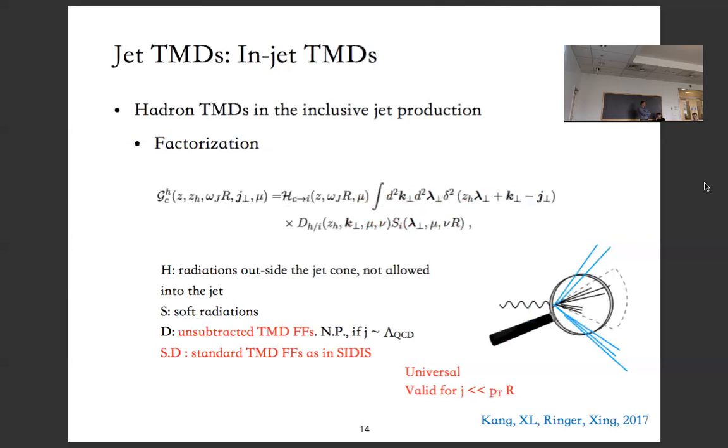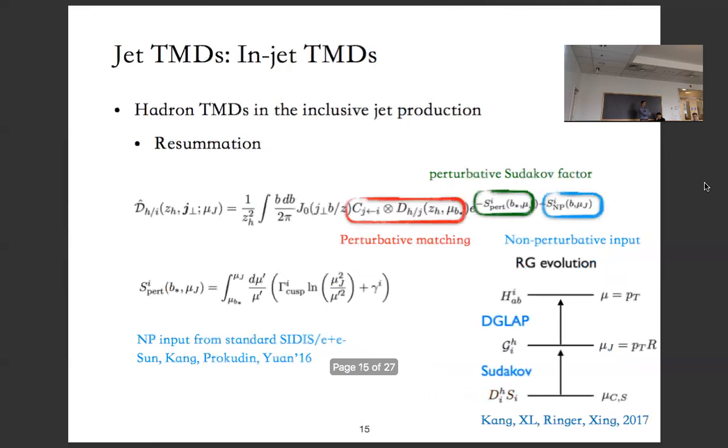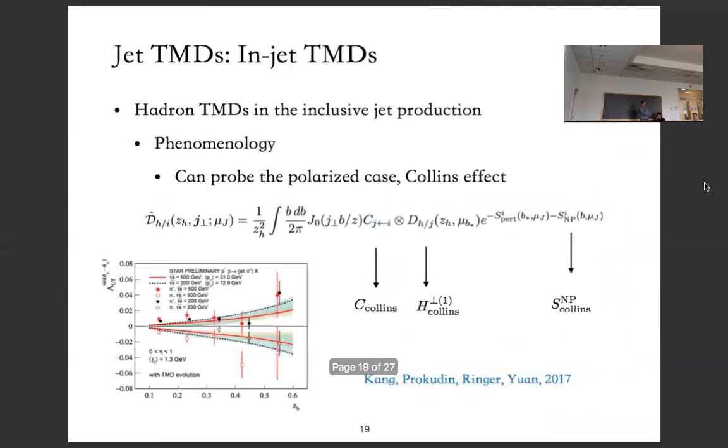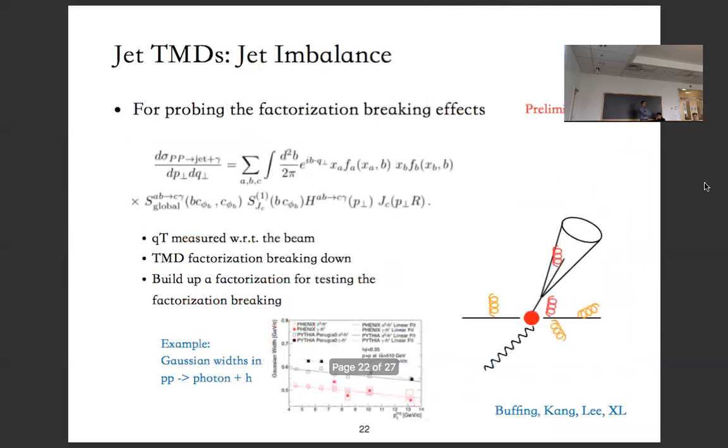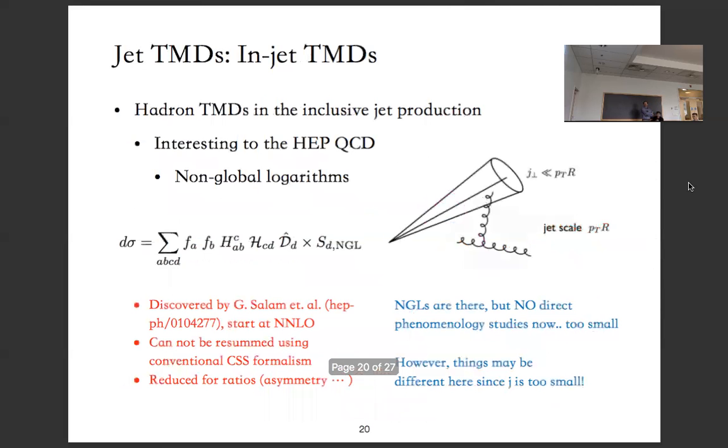He talked about the series, and for the other one, the back-to-back states, you have an additional soft factor which prevents you from identifying that. But for the fragmentation function and the Collins function, they're identical. Yes, for the in-jet TMD, they are identical.